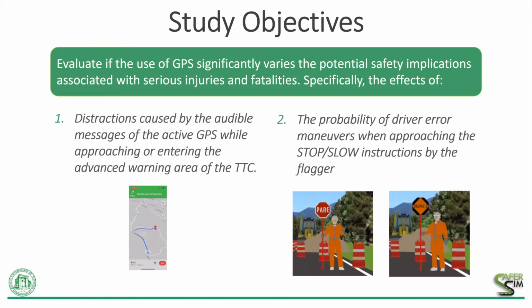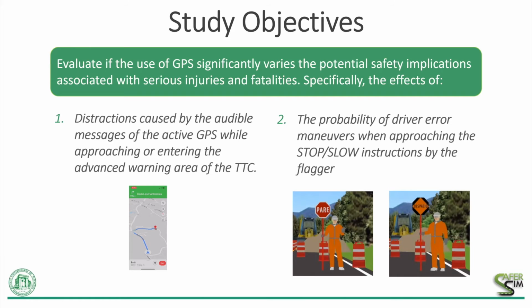So our objective is to evaluate if GPS significantly varies the potential safety implications associated with serious injuries and fatalities. And we're looking at two things primarily. We're looking at distraction caused by audible messages on an active GPS while approaching or entering the advanced warning area of the TTC.